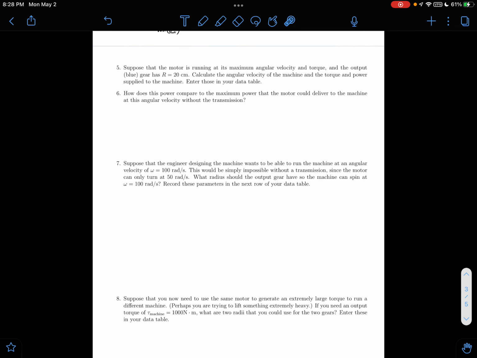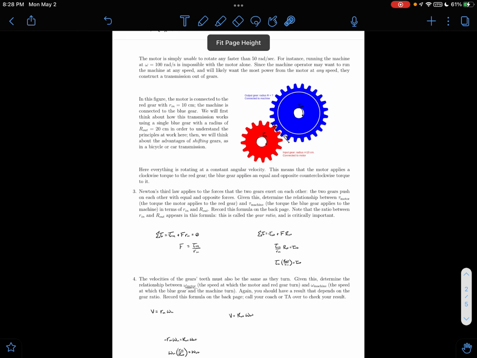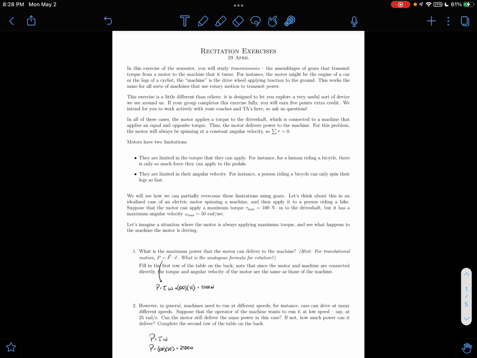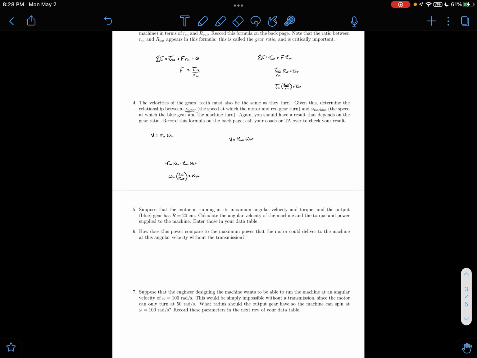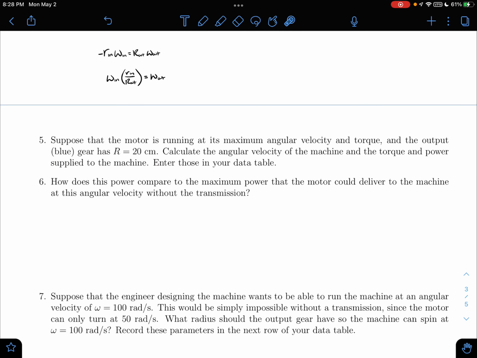So now, if I go back up to the questions, we have that our motor is running at a maximum angular velocity and torque. We were given that before. Our maximum angular velocity is 50 radians per second. Our torque is 100 newton meters. So we have an input gear and an output gear.